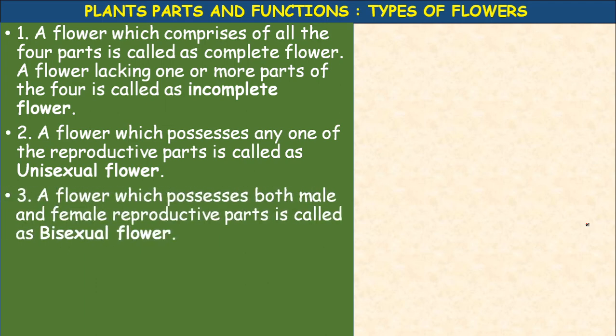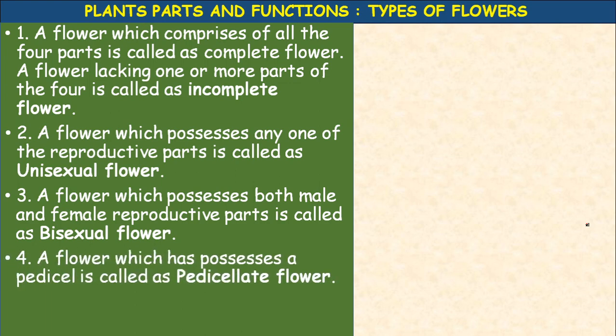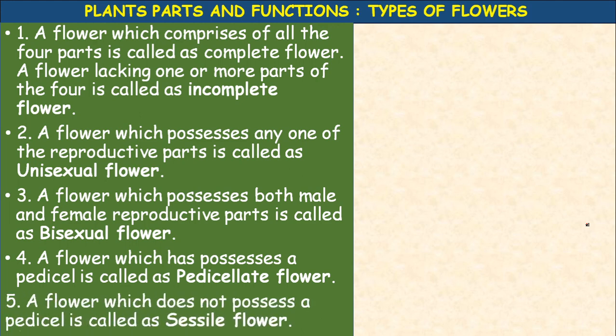A flower which possesses both male and female reproductive parts is called a bisexual flower. A bisexual flower is a complete flower. Okay, and a flower which possesses a pedicel, means stalk, is called a pedicellate flower. If the flower lacks that pedicel, then it is called a sessile flower.